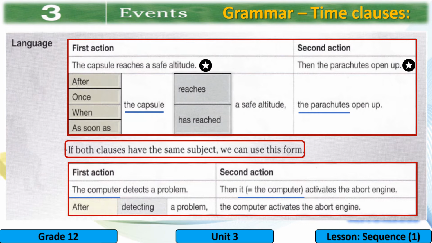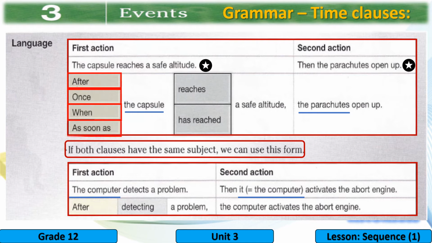Now, if we want to join these two clauses together into one sentence, we need time clauses. And the time clauses we need are the following. Number 1, after. Number 2, once. Number 3, when.